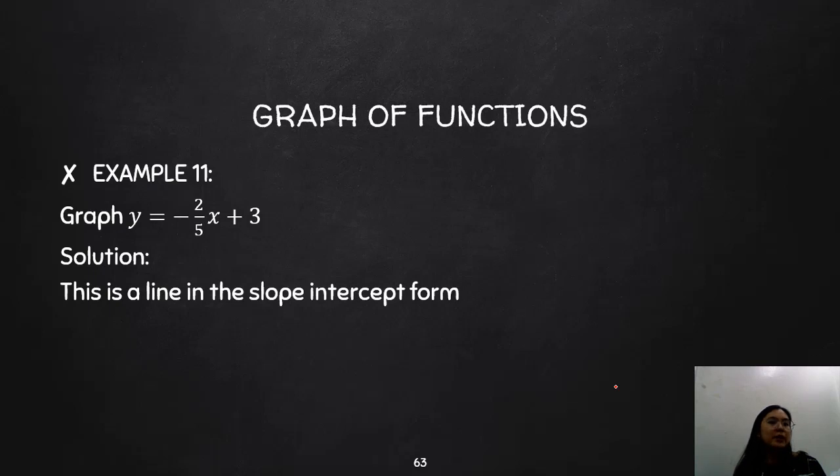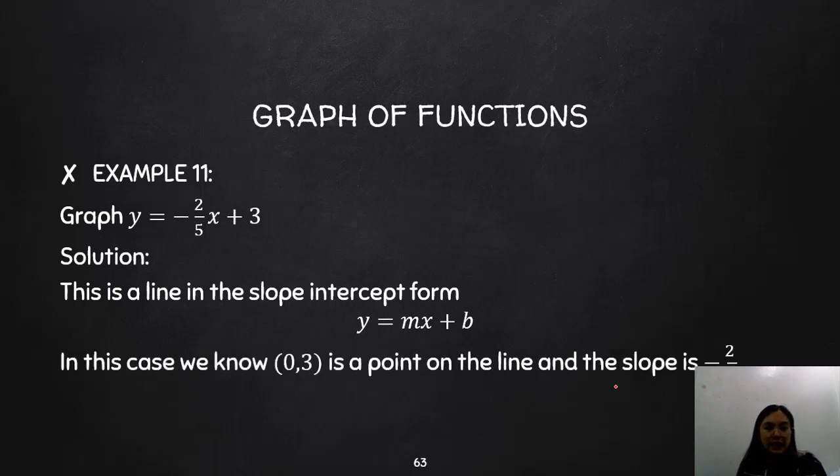So if you take a look, this is a line in the slope-intercept form y is equal to mx plus b. So in this case, we know that 0, 3 is a point on the line since, di ba, yung y-intercept mo is b. So, ibig sabihin, pag yung y-intercept mo is equal to b, i-cross niya yung y-intercept at point 3.